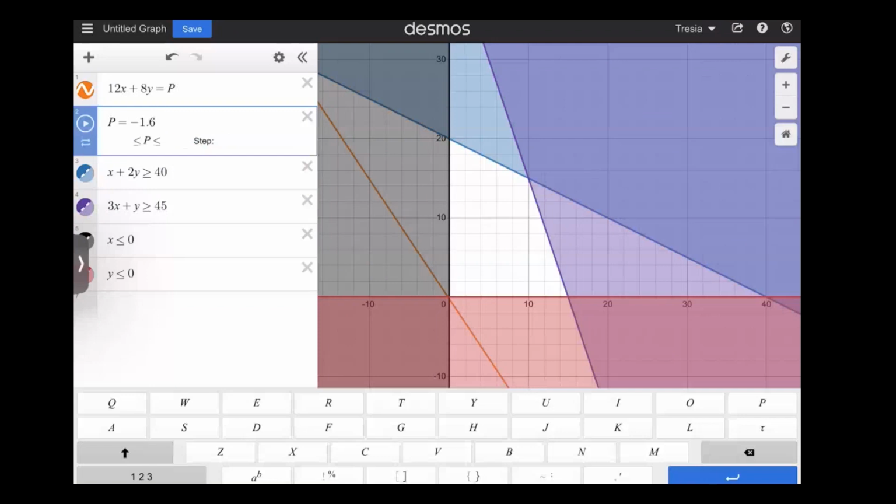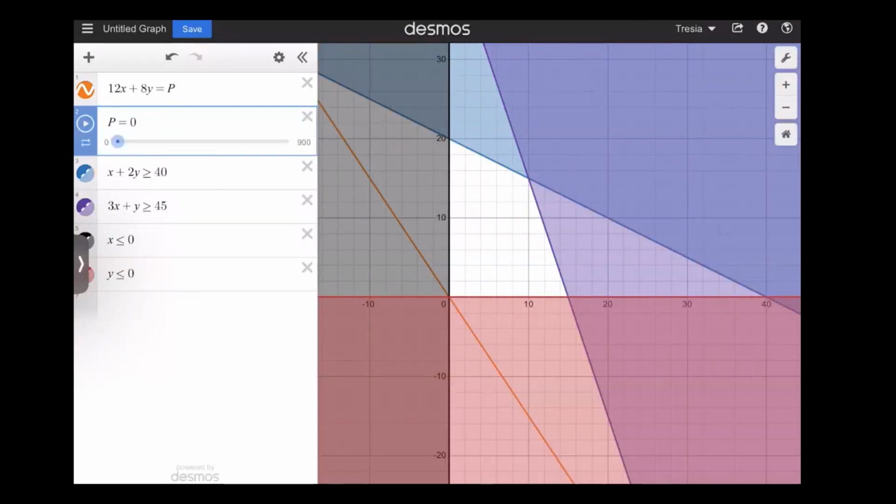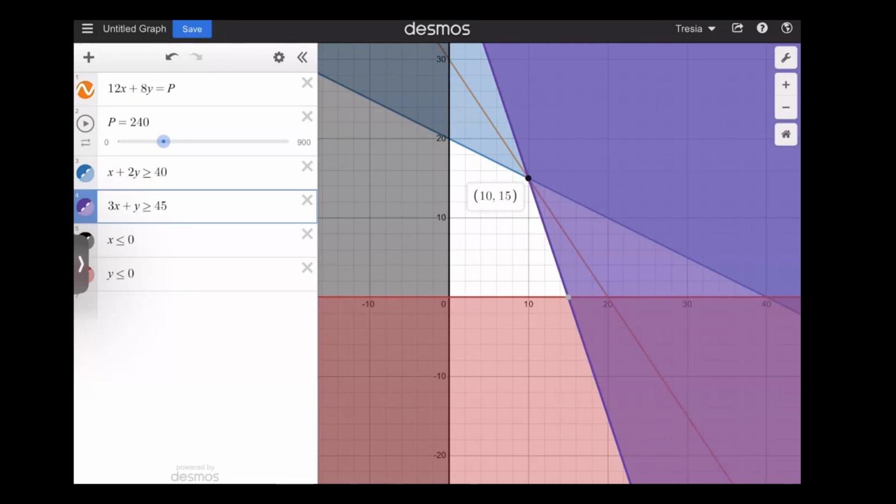I need to change the step size here to be something bigger. Now you can see we can move it around, and if we want to maximize it, it's going to be at that point over there, which happens to be the 10 and 15 point.